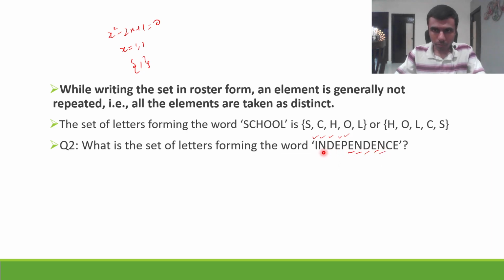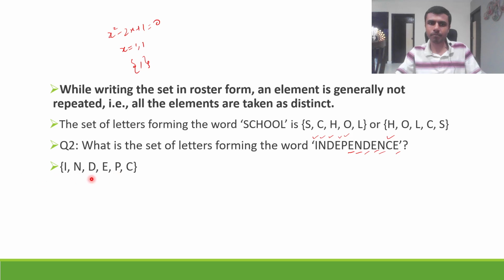N has already come before, D has already come before, E has already come before, N has already come before. C, I'll consider it. E has already come before. So my set will be the set containing I, N, D, E, P, C. If you gave the answer in alphabetical order also, that's totally okay.